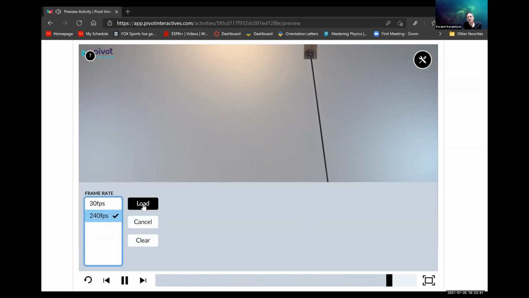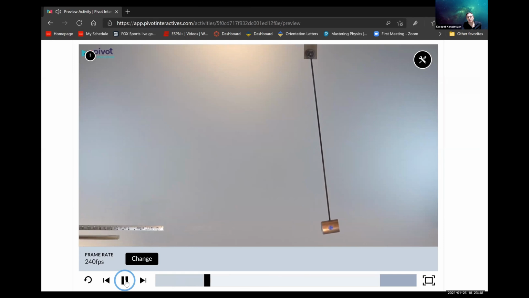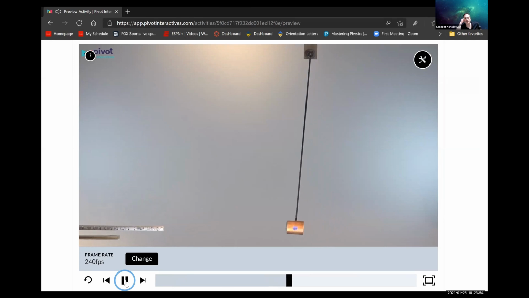Okay, so let's look at it with slow motion. All right. See what happens with the pendulum. Pendulum was actually pushed even though there was no marble.